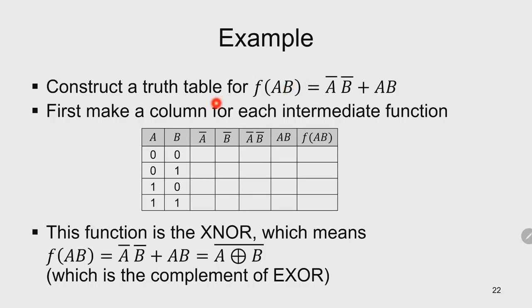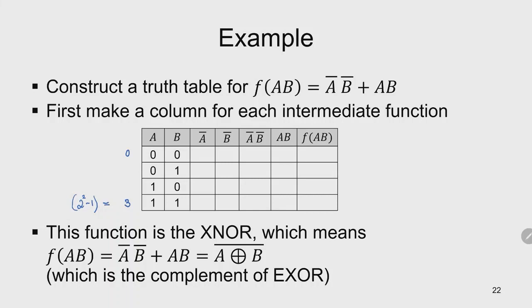I start off with all the combinations of A and B. Again, I mentioned this early on: all you need to do is count from 0 to the maximum here, which is 3, which is 2 to the 2 minus 1.